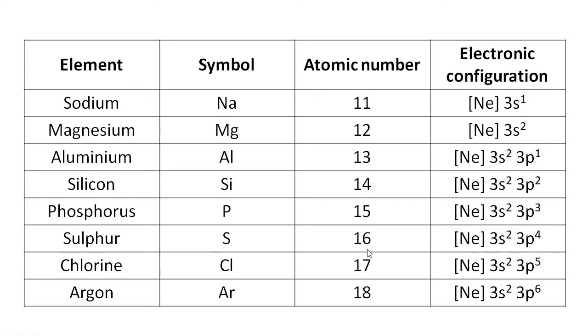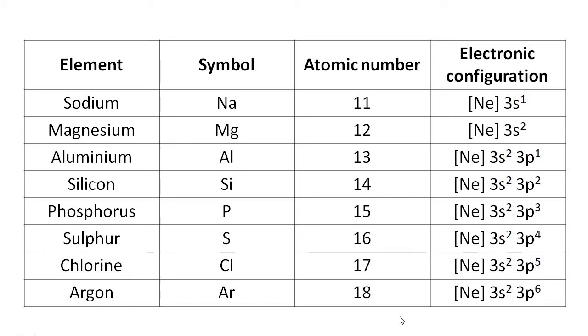For sulfur, 16 electrons, the fourth electron pairs up with the electron of the 3px subshell. See, this follows Hund's rule. For chlorine, 17 electrons, here also the fifth electron which enters the 3py orbital pairs up with the electron present in the 3py subshell.